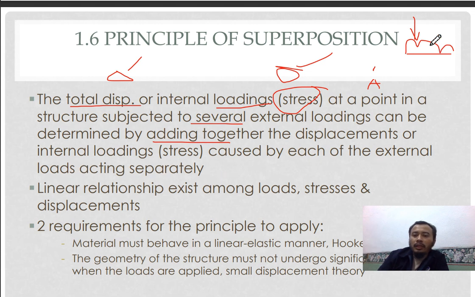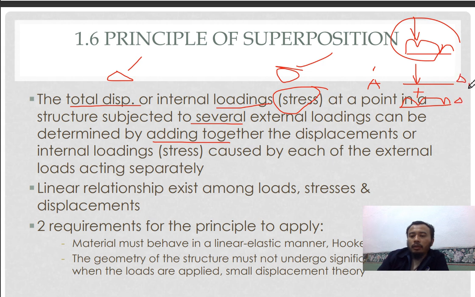So basically, if you have loading like this, you can calculate the total displacement by analyzing it separately. You first analyze the displacement due to this point load, and then you analyze the displacement due to the distributed load. So you combine each of the displacement or stress.